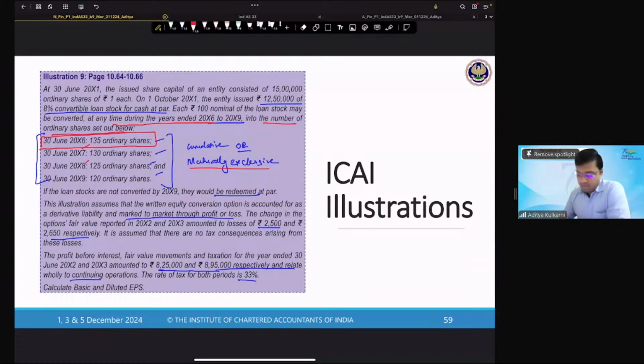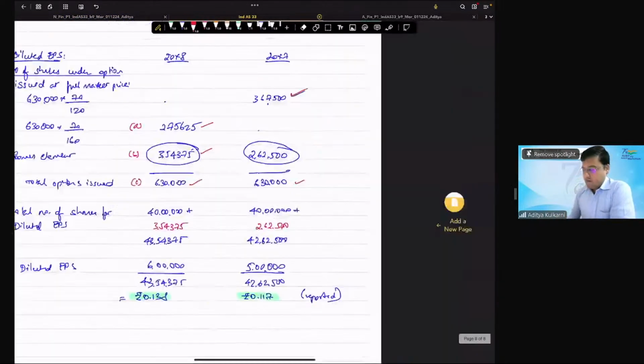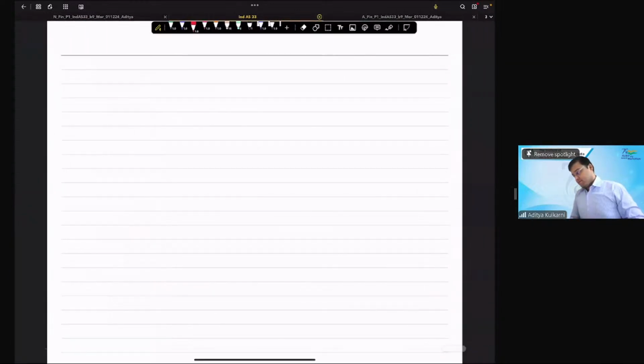Okay. Now let us come to the workings. Profit before tax, interest, and fair value movements.